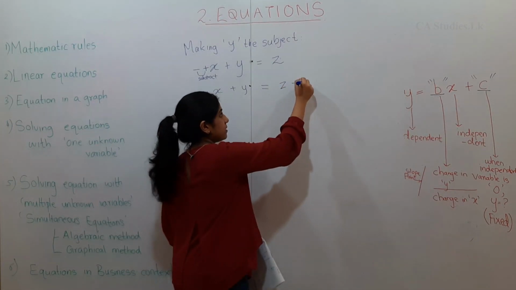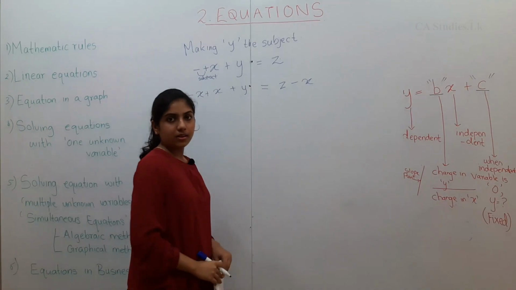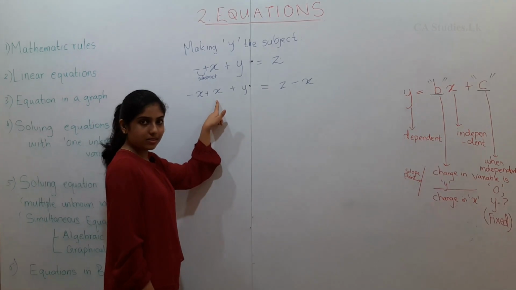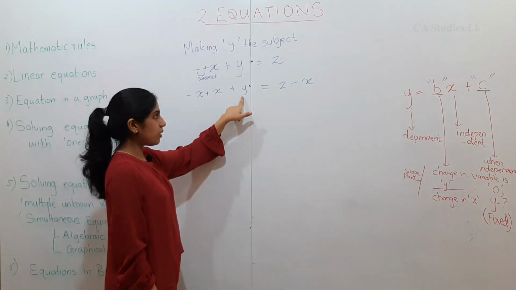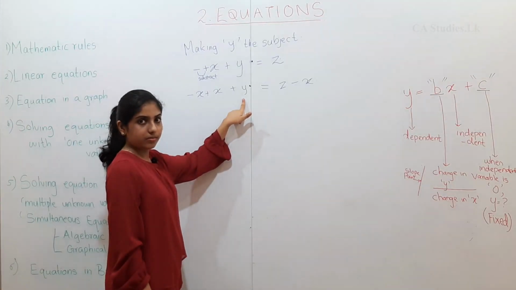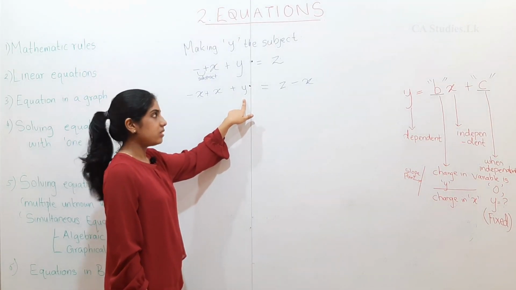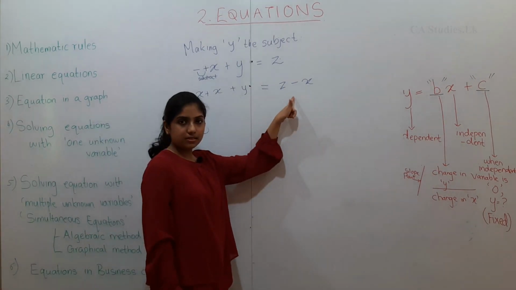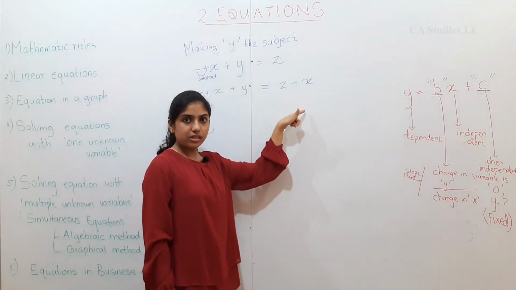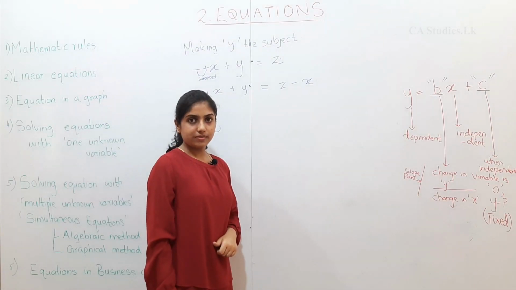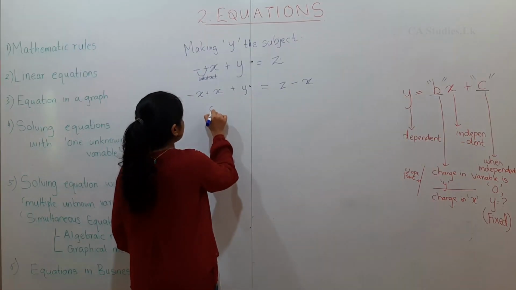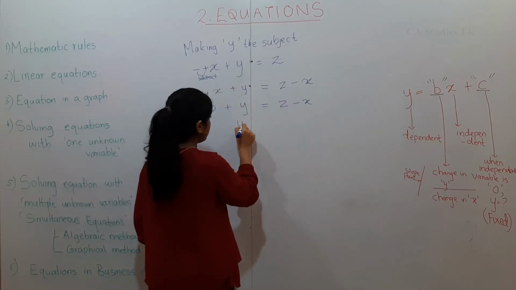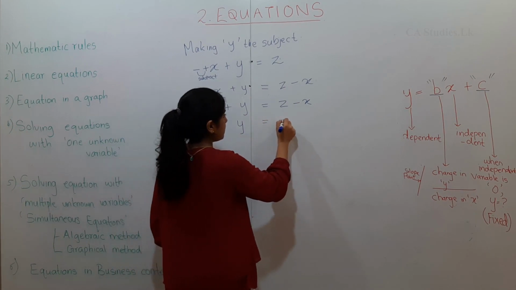Z minus x has to be done, because you put minus x here to cancel the plus x in order to make y alone on one side. For that, you minused it, therefore you have to minus this side as well. Then only you can get the value of y. So this will be 0 plus y equals z minus x. Therefore 0 is nothing, y equals z minus x.